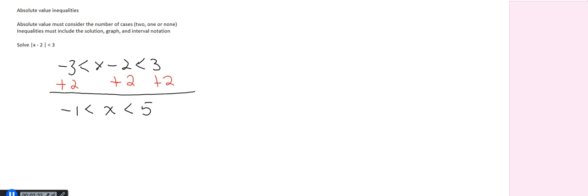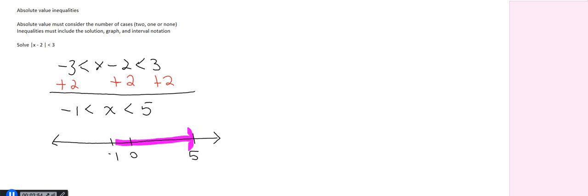So now I must show my graph. Remember that when we have our graph, we have a 0 here, or negative 1, and my positive 5 right here. We're saying x is in between these two values, and between these two values will be here. Now the fact that we have less than means that we have parentheses.